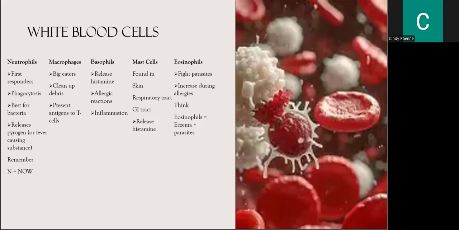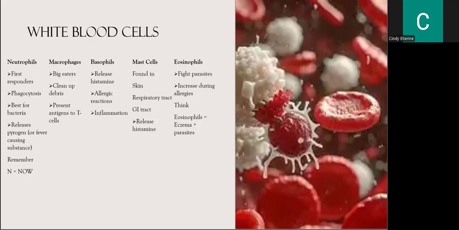Basophils and mast cells are responsible for releasing histamine, which causes blood vessels to dilate and become more permeable during inflammation. Mast cells are important to understand, especially for asthma. Mast cells are found in the skin, respiratory tract, and GI tract, making them especially important for allergic reactions.